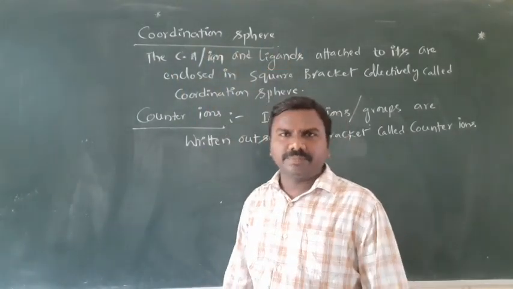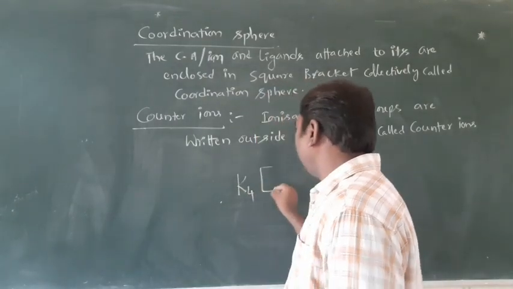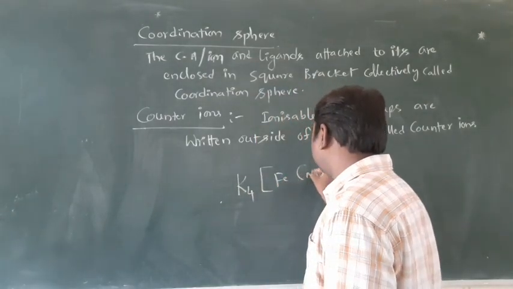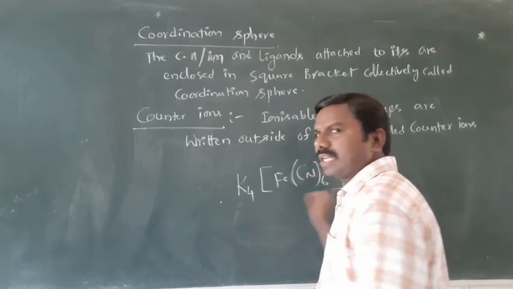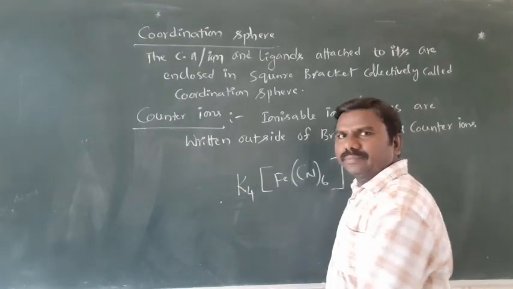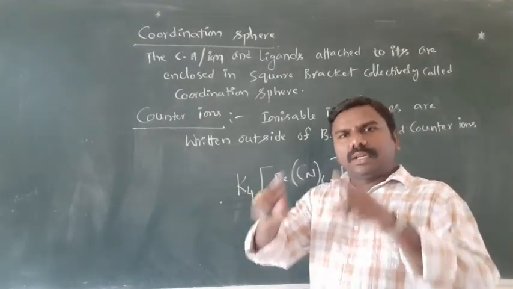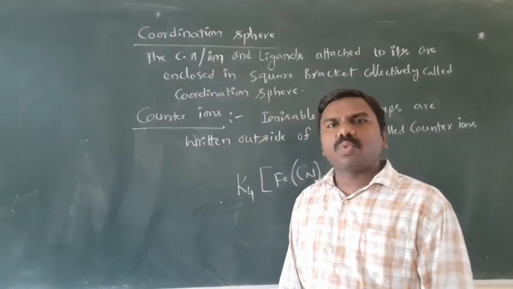Coordination sphere. So for example, K4[Fe(CN)6]. If you observe, inside this bracket are the central metal atom and ligands, placed in a square bracket.